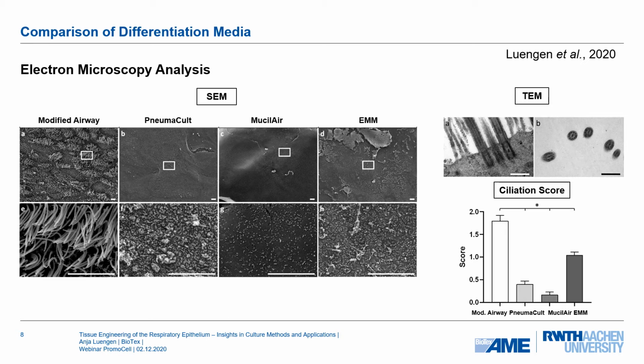10 independent and well-educated observers scored the cilia amount on all samples in a blinded manner. This qualitative scoring procedure showed significant differences between the 4 media, with modified airway medium and EMM to be the most promising media regarding cilia formation.